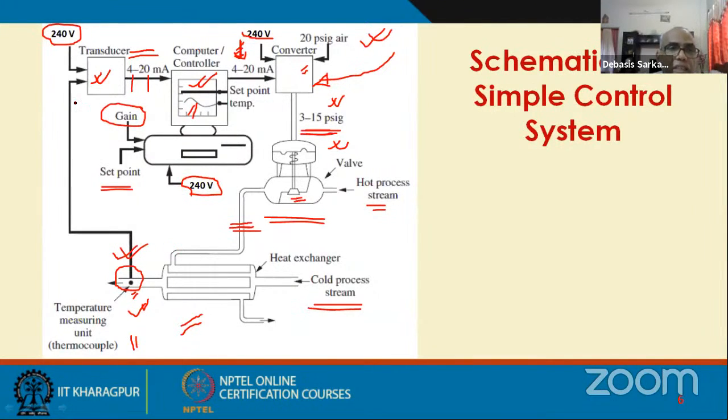Note that this current signal, 4 to 20 milliampere, you can interpret this way: the minimum range of output corresponds to 4 milliampere current. So when 4 milliampere current is output from the transducer, you are basically saying that there is no input to the transducer. And when 20 milliampere current is the output from the transducer, then input is at its maximum level.